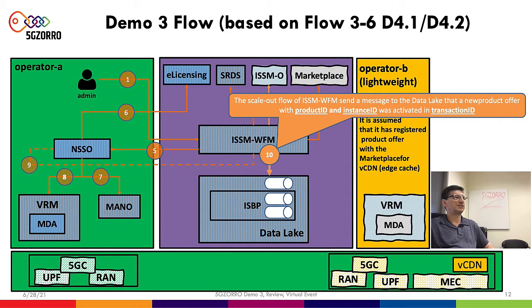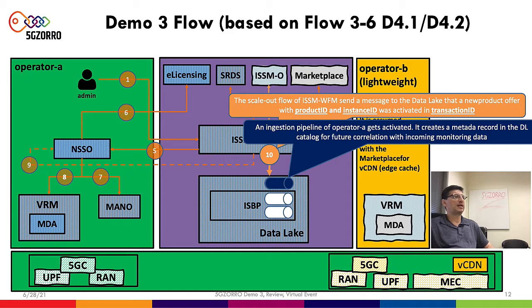Once it receives it, the scale-out flow of ISSM WFM sends a message to the data lake that a new product offer with product ID and instance ID was activated in the context of this transaction ID, and SLA management for this new product offer instance should be activated.